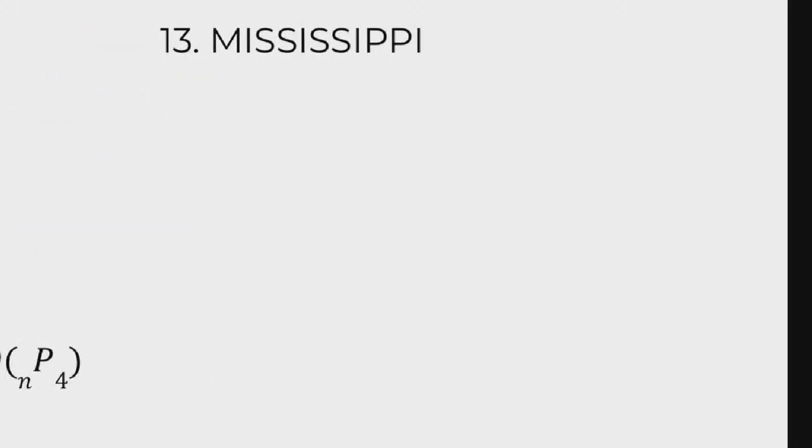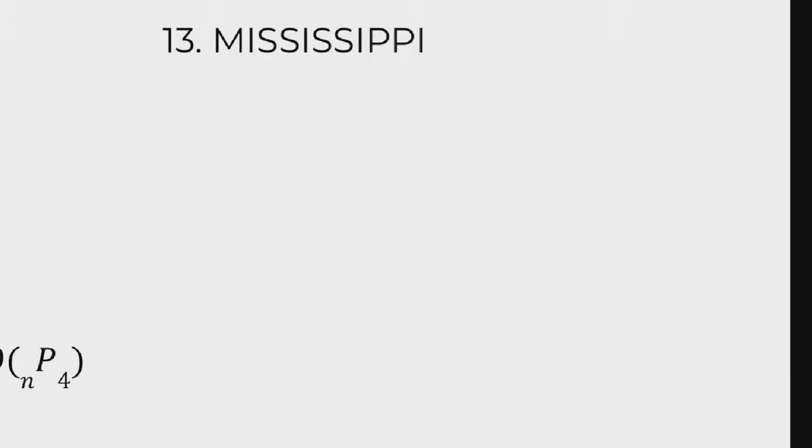Okay, last one of these words, we have the word Mississippi that has 11 letters, and there are a couple letters that get repeated. So I is repeated 4 times, S is repeated 4 times, and P is repeated twice. So all of these numbers I'm going to write in the denominator. So we have 4 factorial, 4 factorial, and 2 factorial. So when I write out 11 factorial, I can only cancel out with one of the factorials in the denominator.